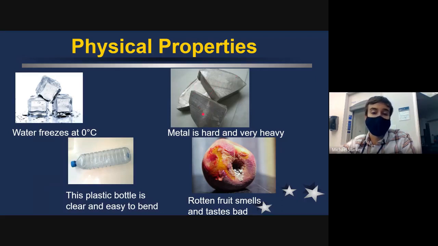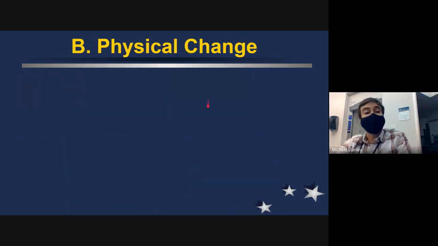They're still all the same structure, the same matter, but they used to be one big piece and now they're smaller broken pieces. So we've changed a little bit about what this matter looks like. And so when matter goes through a change like that, when it changes how it looks, but it still has the same matter, the same stuff, that is classified as a physical change.